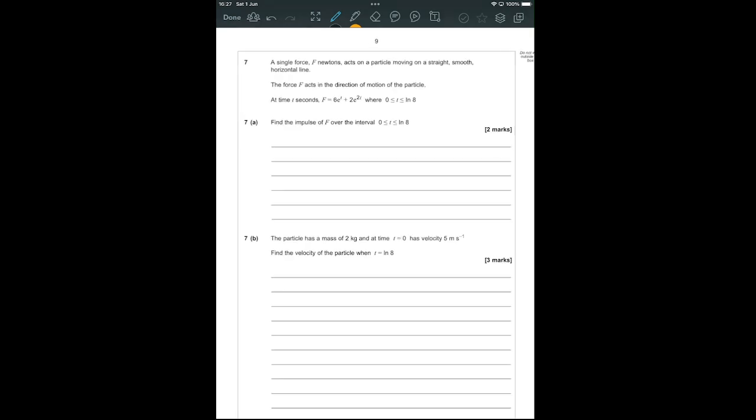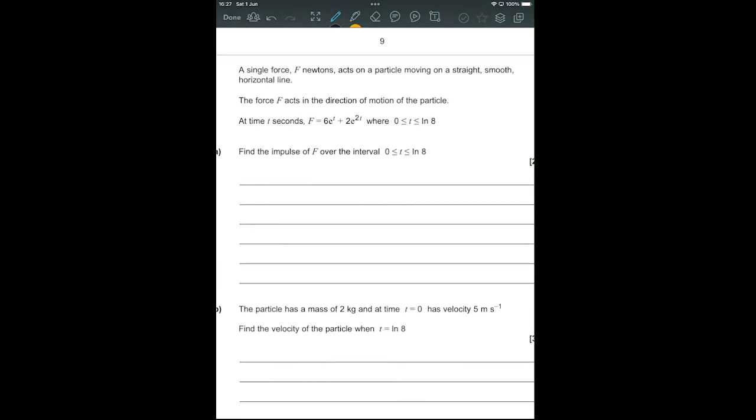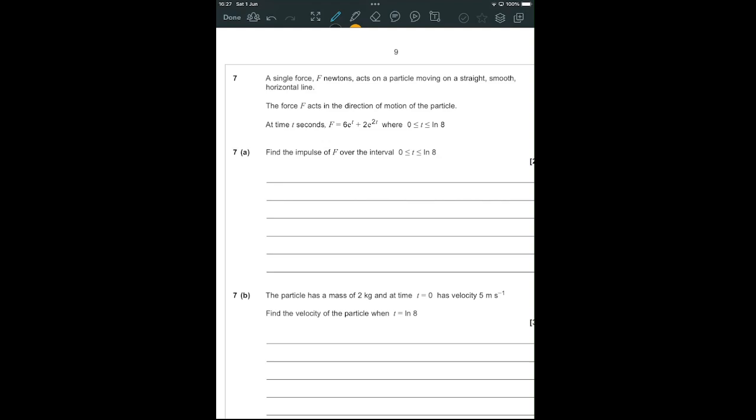Question 7. A single force acts on a particle on a smooth, straight horizontal line. The force acts in the direction of motion. At time t, F is given by that. Find the impulse. Okay, well, impulse is normally force times time. And that works if the force is constant.